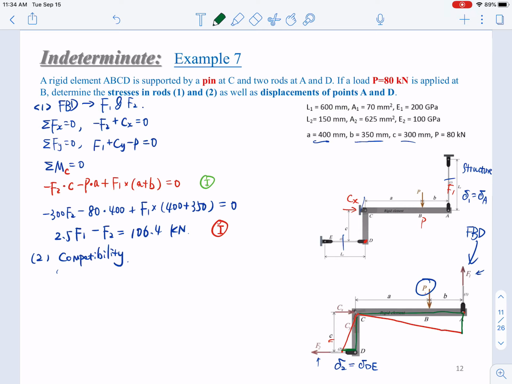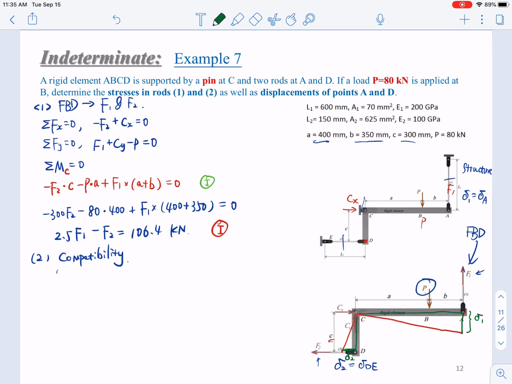So here will be our delta 1, and here will be our delta 2. Okay. So since they are similar to each other, we can write these proportional correlations between them.